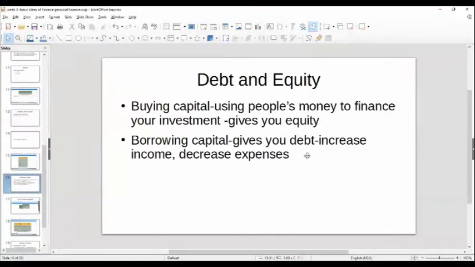Then, what will you do? If you have this borrowing capital, you can have it as long as you increase your income and decrease your expenses. Like, if you want a car, okay, you have debt on this car because you borrowed capital in financing your car.